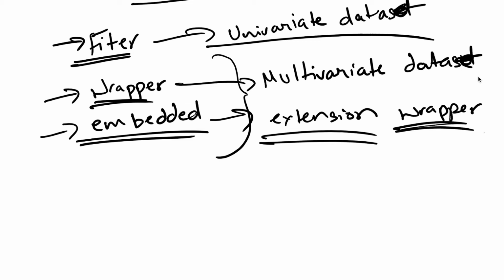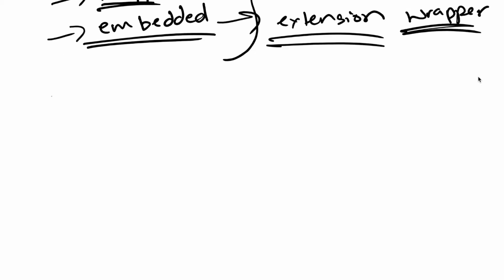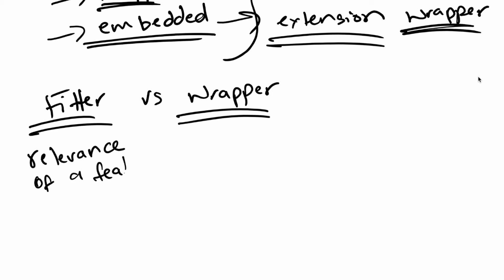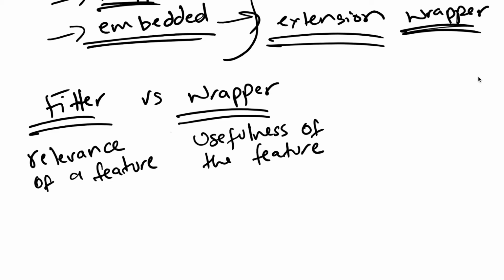Okay, now what's the main difference between using a filter technique and a wrapper technique? Now a filter technique is to do with the relevance of a feature, whereas the wrapper technique is to do with the usefulness of the feature. So this is the main difference between a filter technique and a wrapper technique.